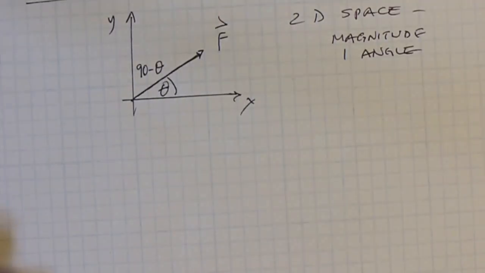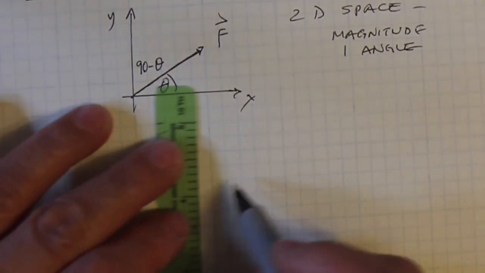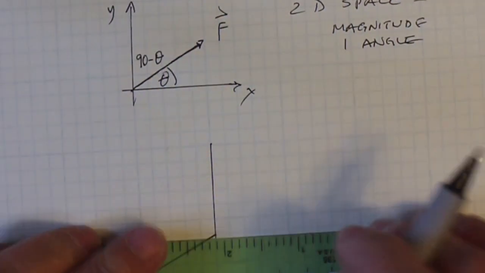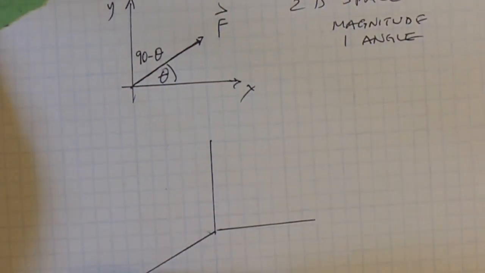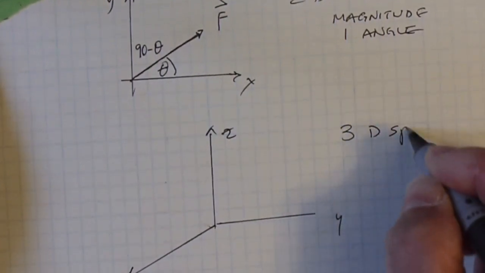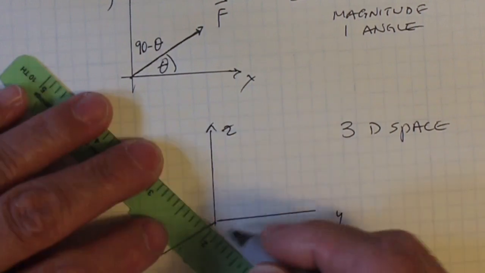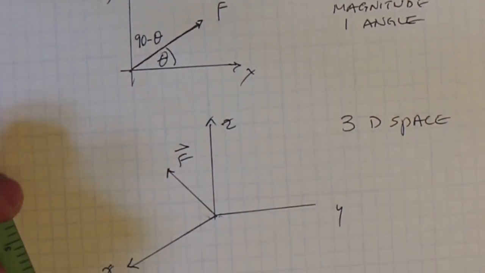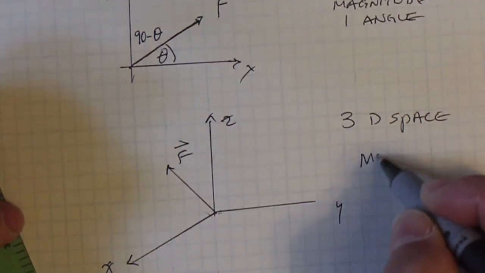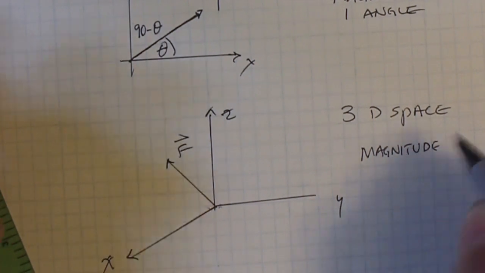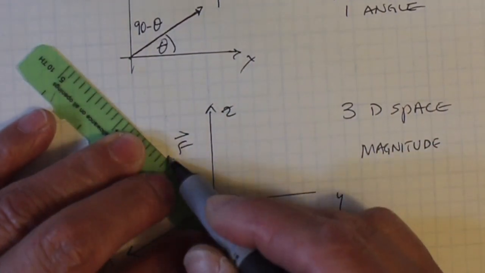In 3D space, it's a little different. So in 3D space, because there are three axes, x, y, and z, and suppose we have a force vector F, we now need to specify its magnitude, which is just the length of the vector. Right, so it's just the length of this particular vector.